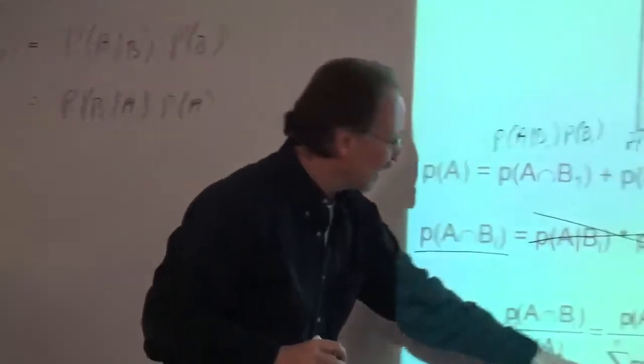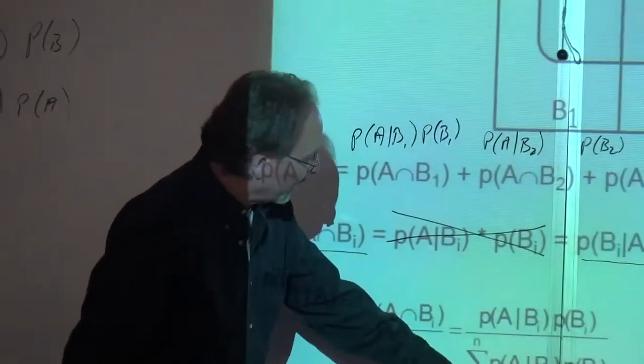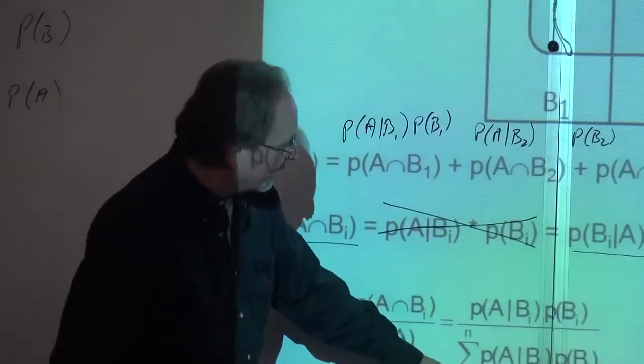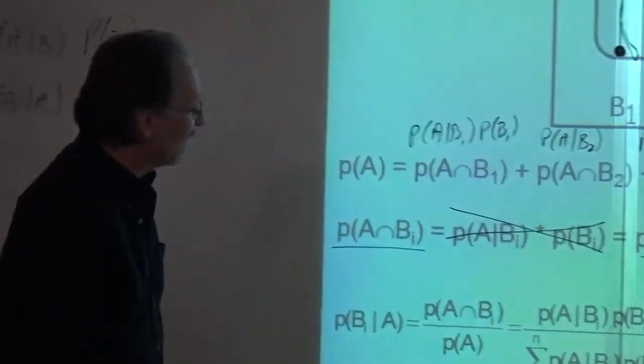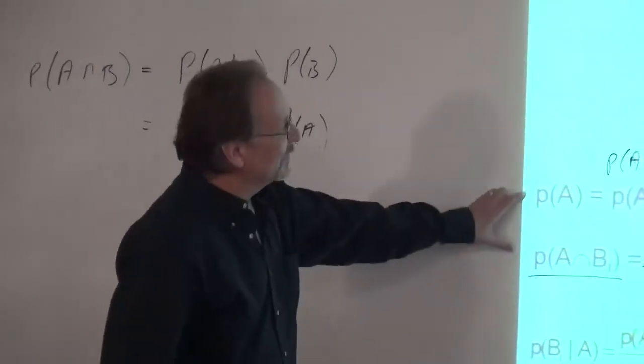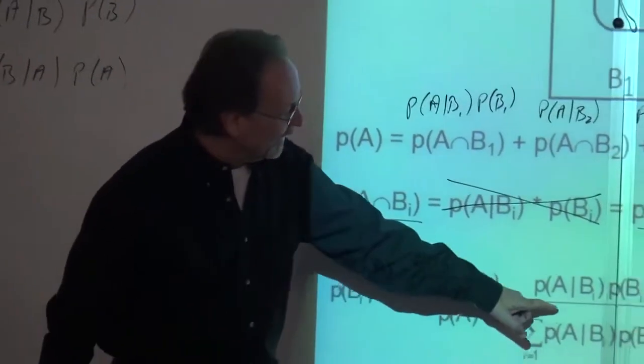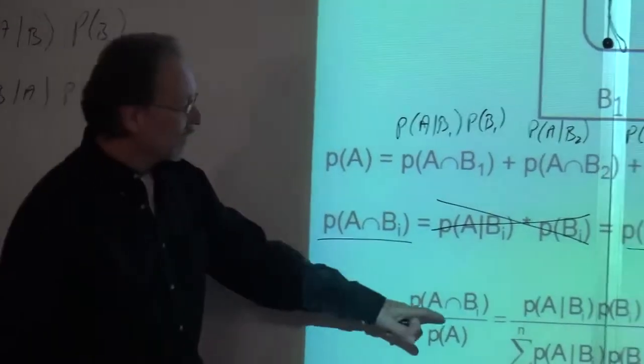That can be written shorthand by the summation of the probability of A given B sub I, summation of I equals 1 to n, in this case n is 4, times the probability of B sub I.